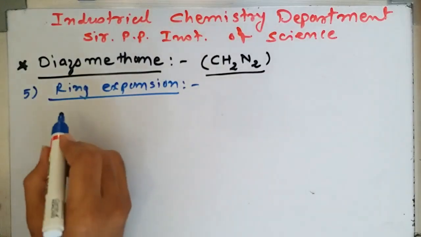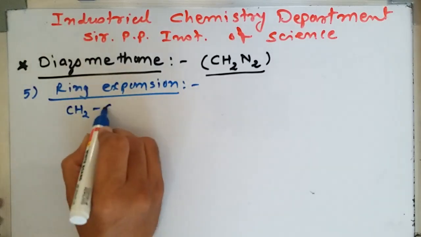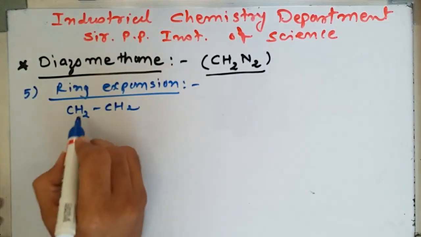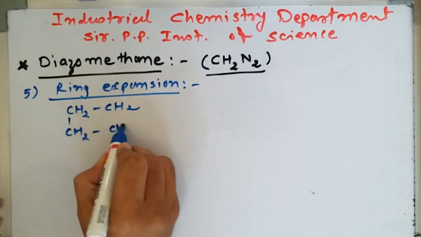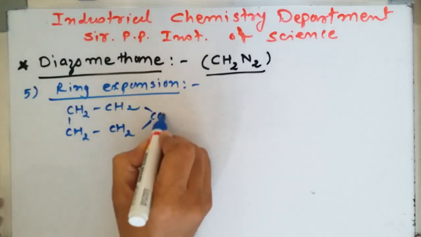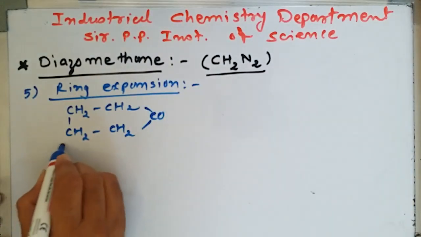We have the structure of cyclopentanone, a five-carbon ketonic compound.